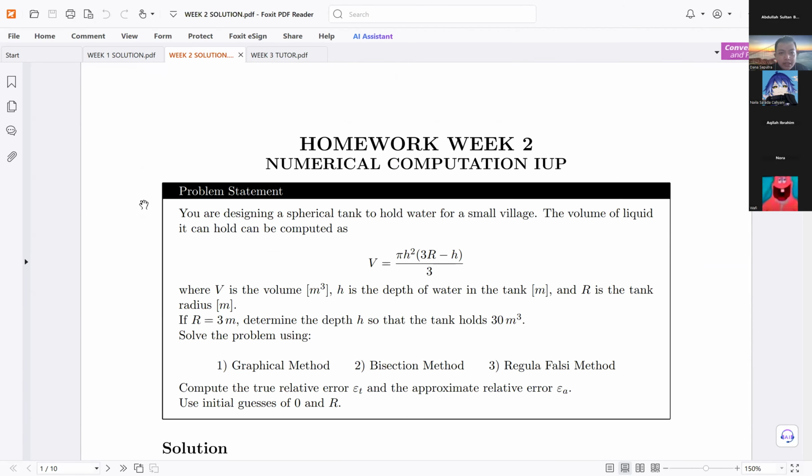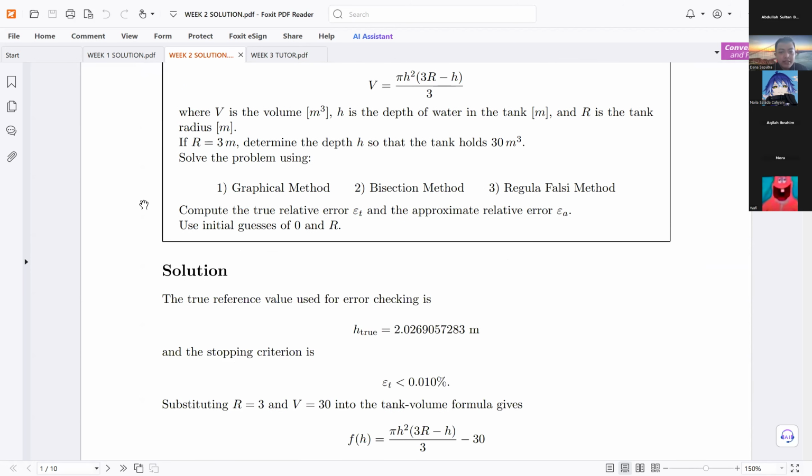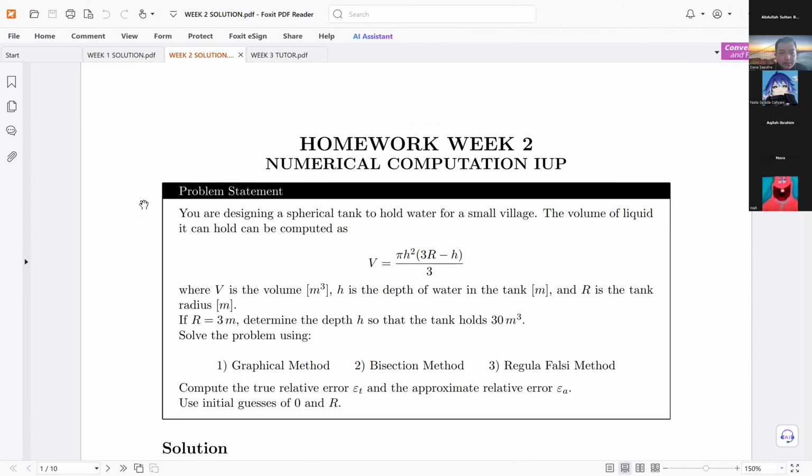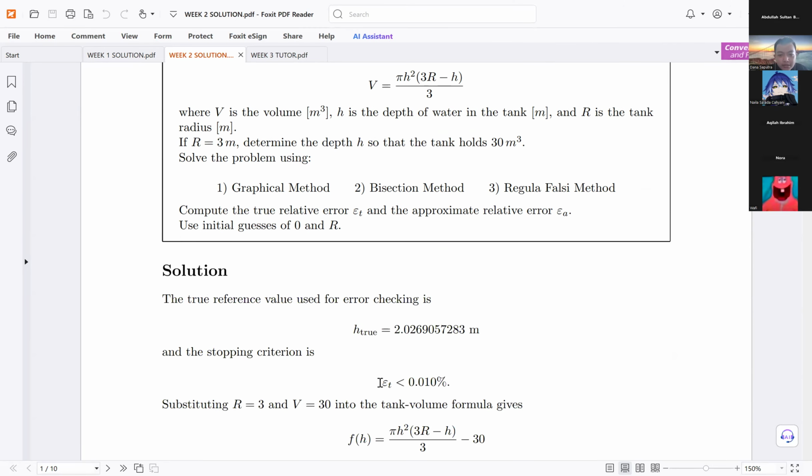But I don't know if Mr. Ilham already told you about the stopping criteria for this homework. Or do you just do it for like 20 iterations, or stop it at this? I defined the stopping criteria as this: true relative error is less than, just the same as for the first homework.